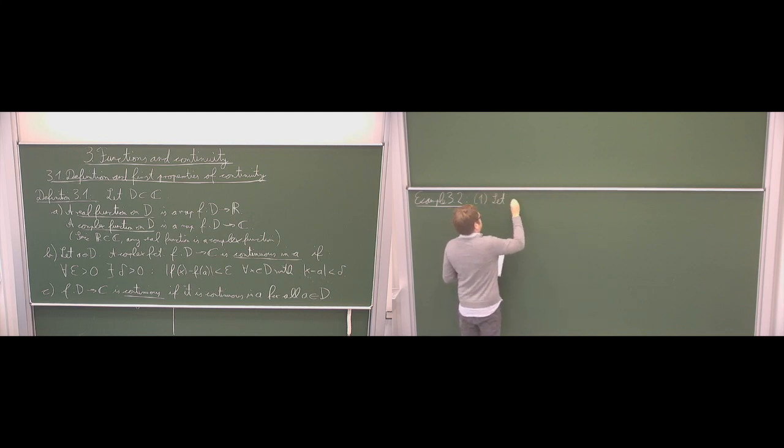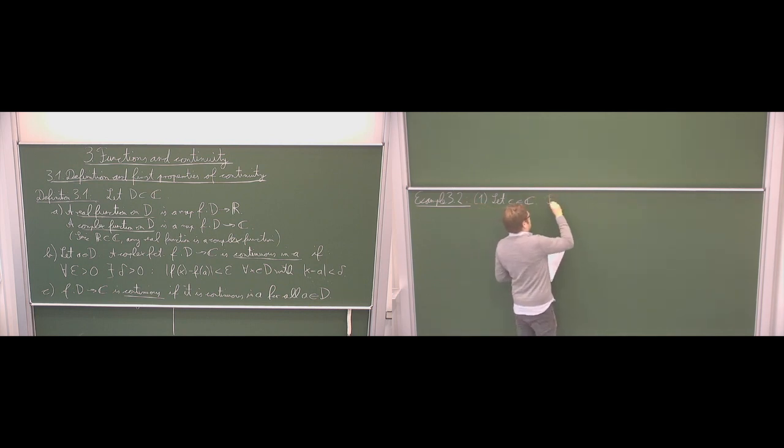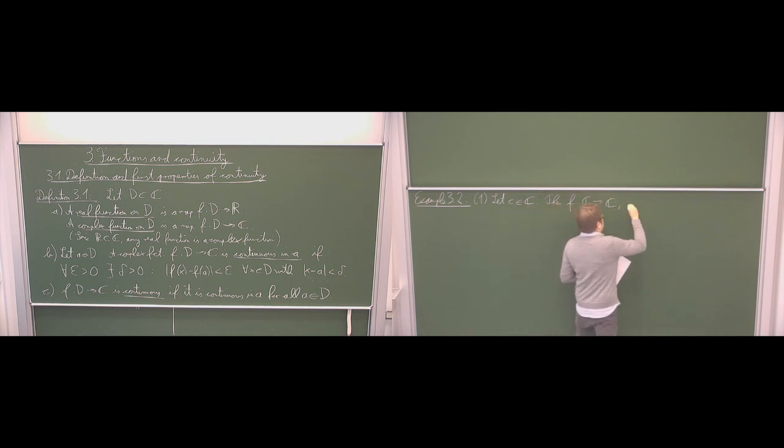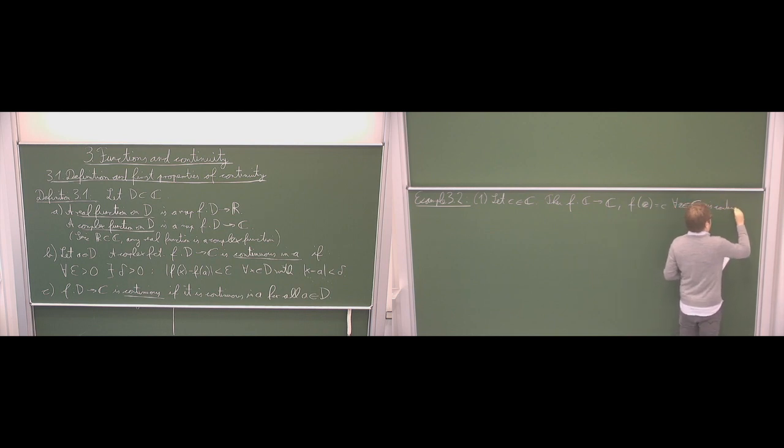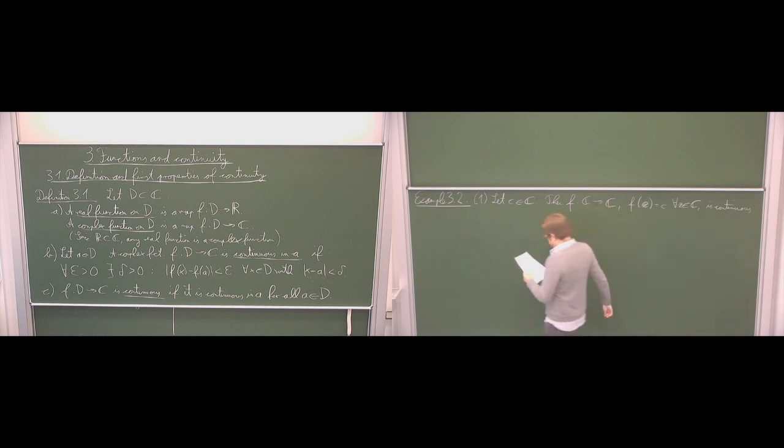We take some value c in C, some fixed number. Then the function which goes from C to C, which just maps everything to c, so the constant function, is continuous. Okay, this is really not very exciting, but this is easy to see.